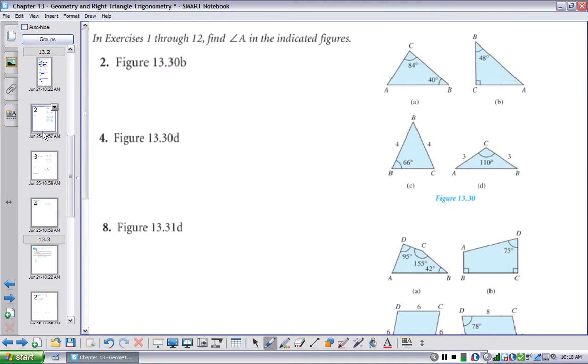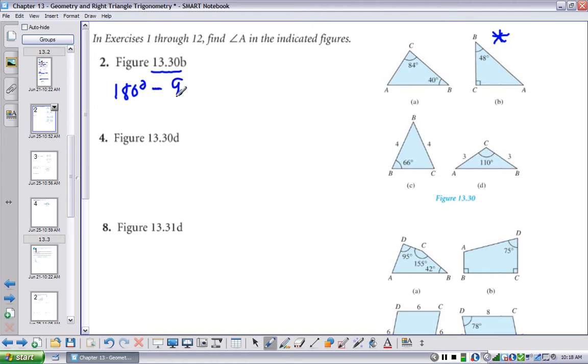So we're going to look at a few questions. In the next few problems, they want us to find angle A. So we're looking at figure 13.30 part B. So we're looking at this one right now. And they want us to find angle A. Well, this is a triangle, and a triangle has 180 degrees.